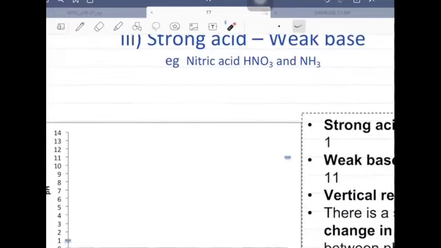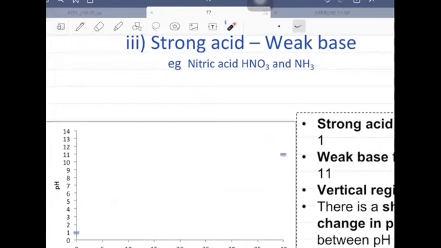As for strong acid, weak base, your vertical region will be between 3 and 7. Again, at the same volume, which is 25 centimeter cube, because that's how much you need for neutralization to occur at the exact amount. No more, no less. 3.5 to 7.5.